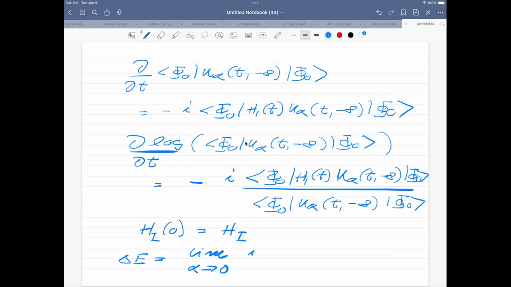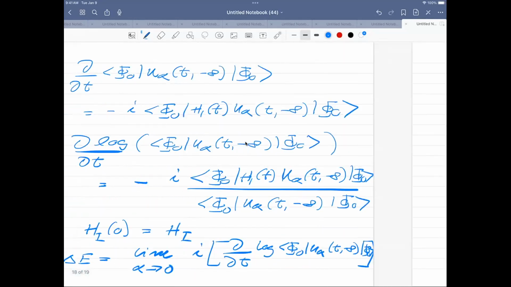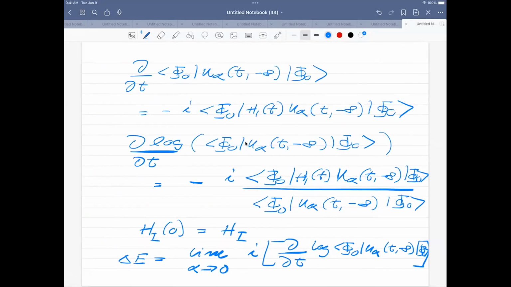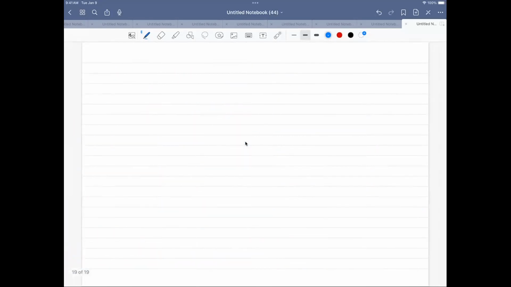And this is given by i multiplied with d/dt, and then I have log of phi 0 of u alpha of t minus infinity phi 0, end of parenthesis here. And this is obviously taken at t equals 0.